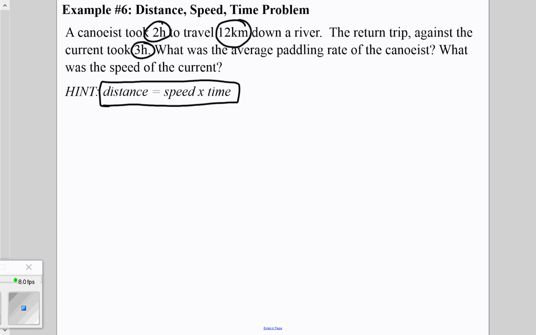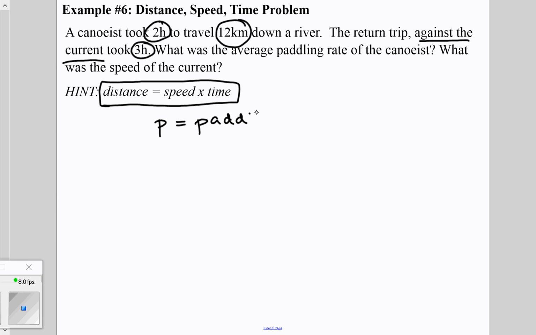And the reason there's two different times is because in one direction, the canoeist is traveling down the river. And that part is going to be easier than the return trip, because in the return trip, you're going against the current. So the speeds, or the variables that we're going to need to calculate, is we need a paddling speed, so paddling rate.